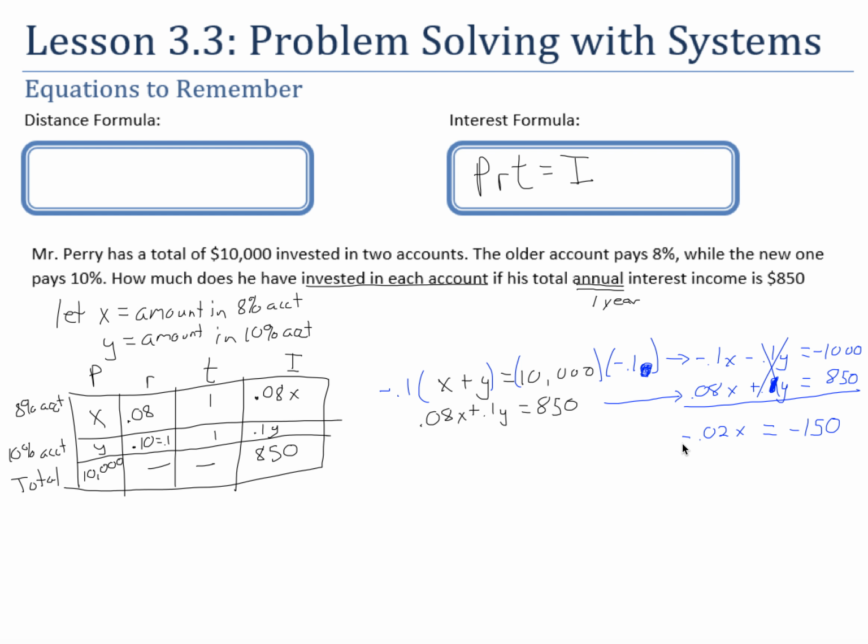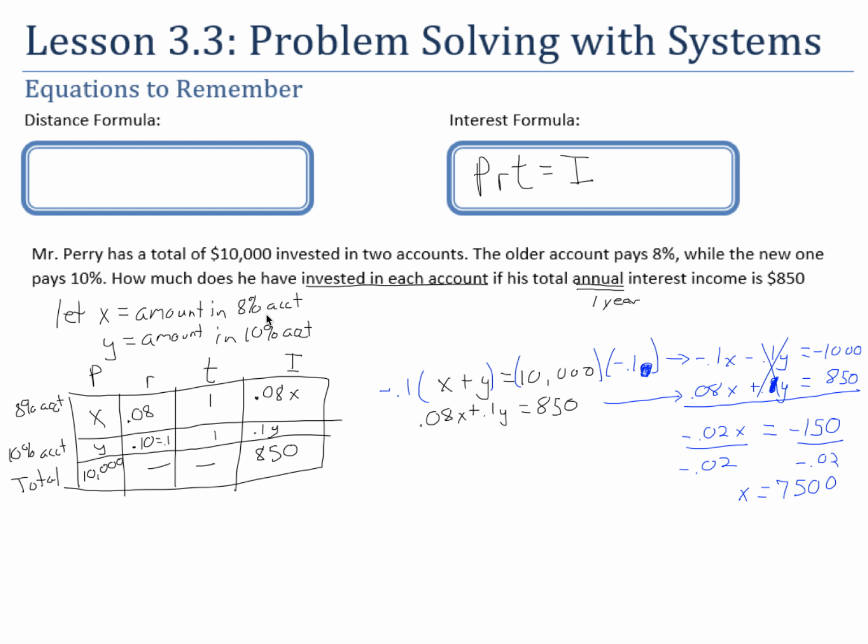And now to solve for x, we're just going to divide by negative 0.02. Negative 150 divided by 0.02 is 7,500, which means x is 7,500.